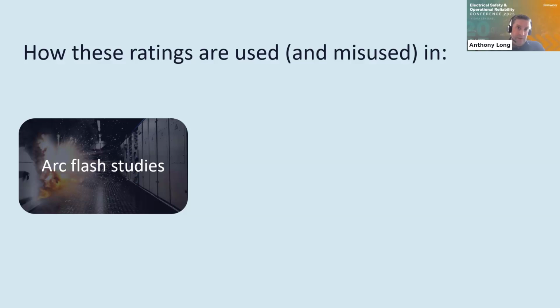What you shouldn't have listed is a PPE category. PPE categories are only to be used, as in Aaron's question before, when you don't have an arc flash incident energy study and you need to know what the arc rating is likely to be, then you refer to the NFPA 70E or the CSA Z462 tables. That will give you a category.